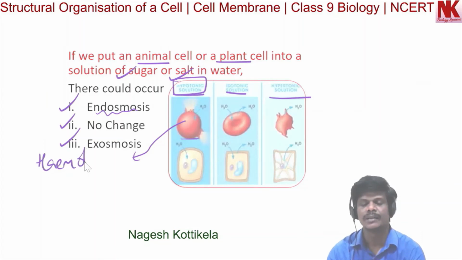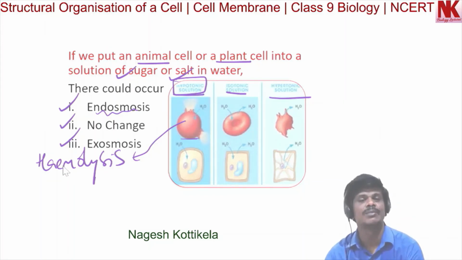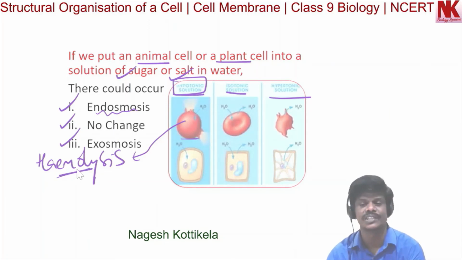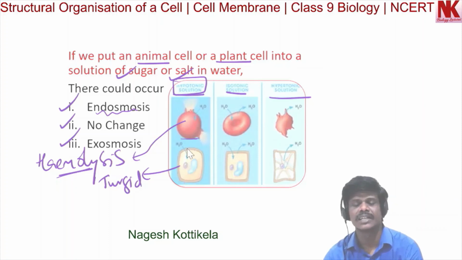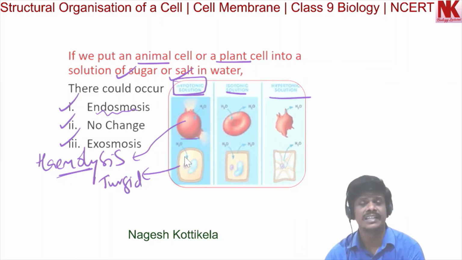Okay, I repeat this once again. When animal cell is kept in hypotonic solution, endosmosis occur, and finally the animal cell will undergo bursting, and this process is called hemolysis. Okay, if a plant cell is kept in the hypotonic solution, it will not burst, instead it becomes turgid. Okay, here the reason behind this is in plant cells the outermost covering is cell wall.